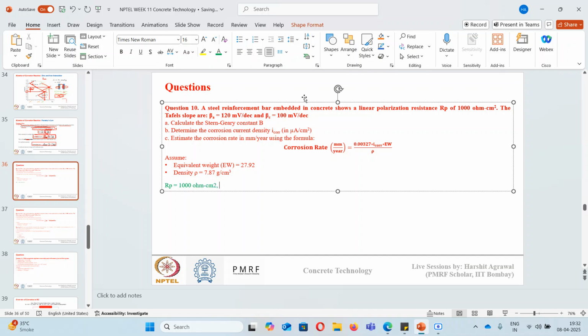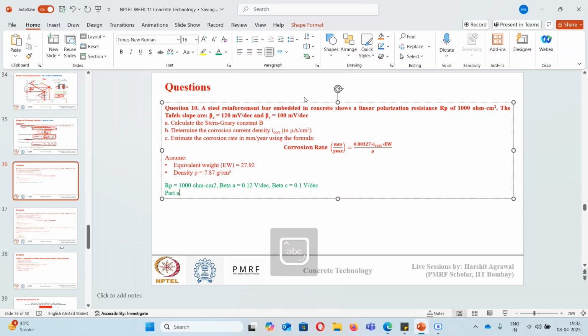And we know beta A, the Tafel constant for the anodic curve, which is 0.120 volt per decade. I am converting into volt so that my units are in the same order. So 0.12 volt per decade is given as beta A, and beta C value is given as 0.1 volt per decade. These things are given to us.